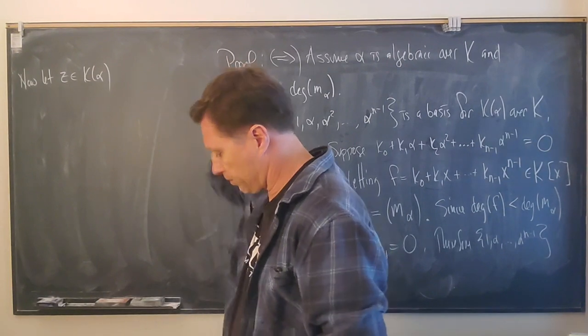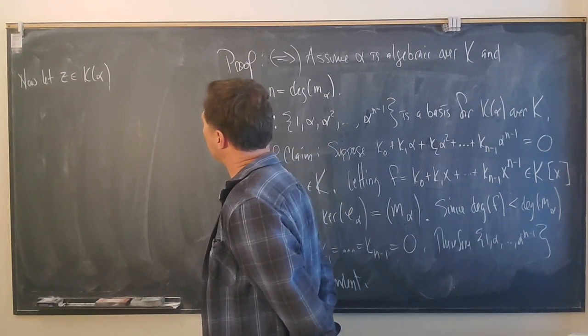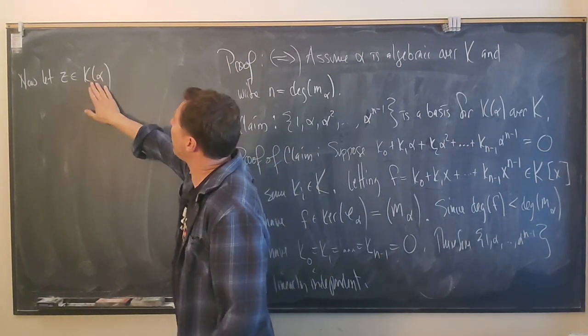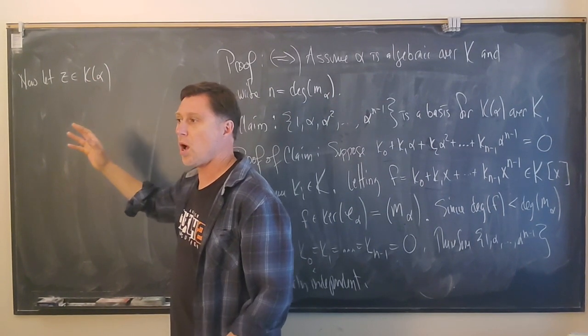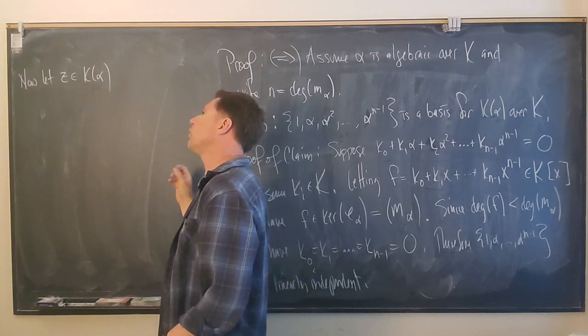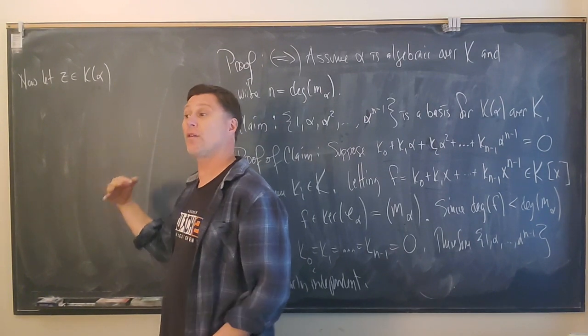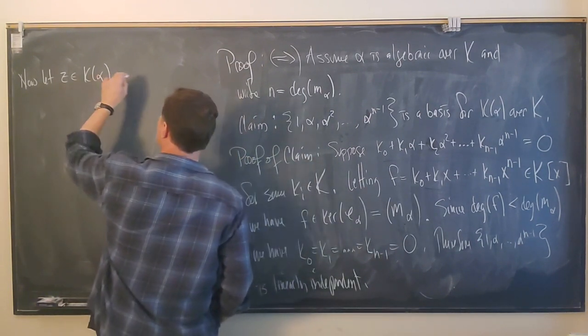Now, last time, we got a characterization of what the elements of K adjoint alpha look like. They look like a polynomial with coefficients in K where alpha has been plugged in. So that was our last theorem.